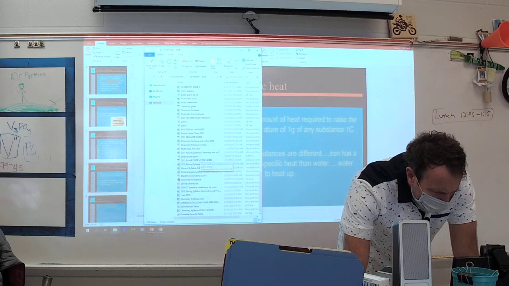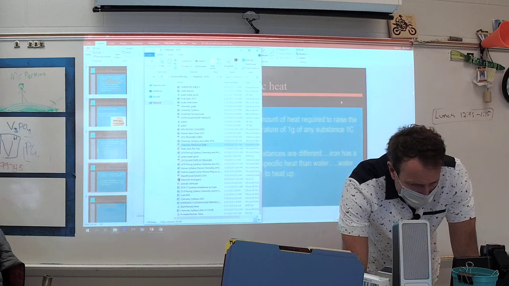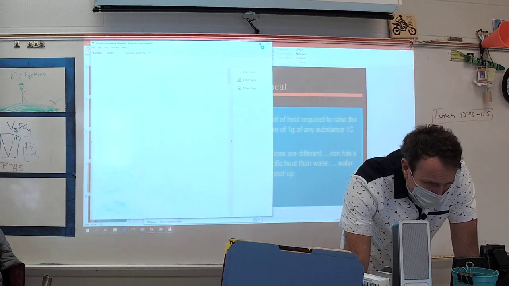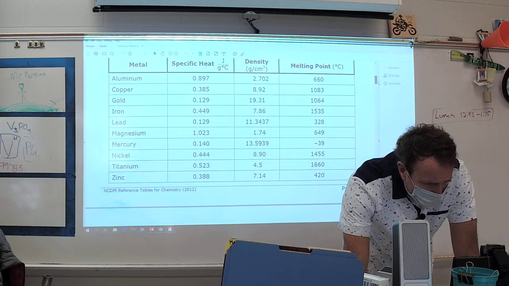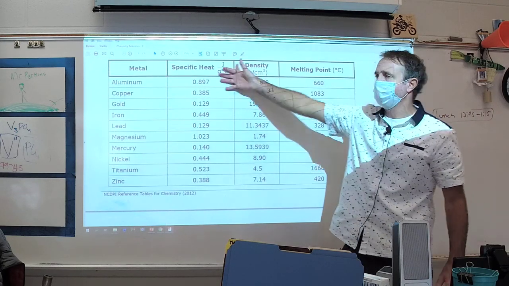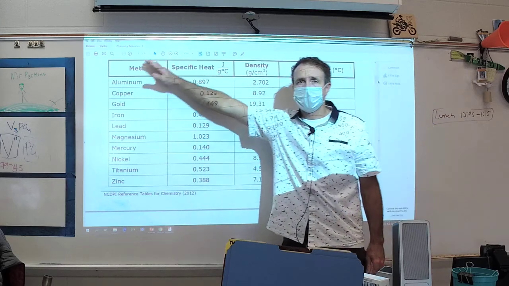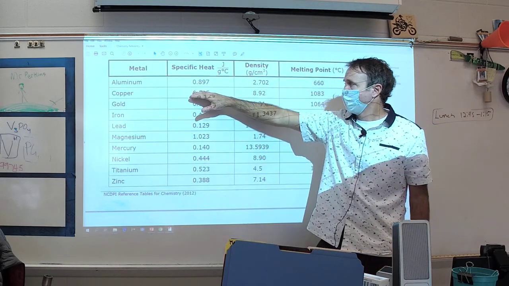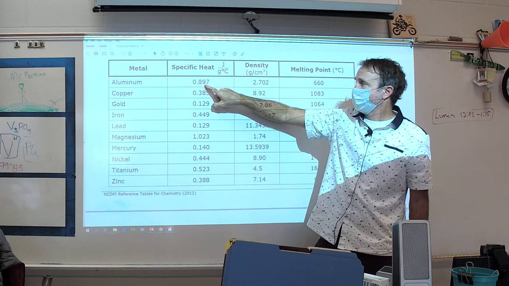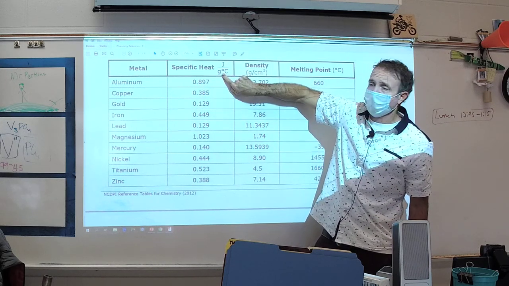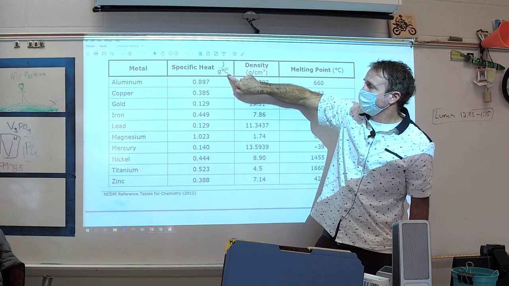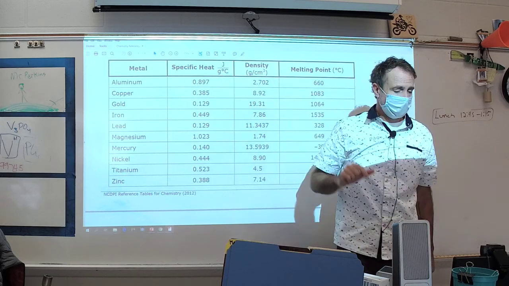So, if you're at home, look right here on page 1. At the bottom of page 1, you see specific heat. Look at the specific heat of aluminum. It's 0.897 joules of energy per every gram to raise aluminum 1 degree Celsius.